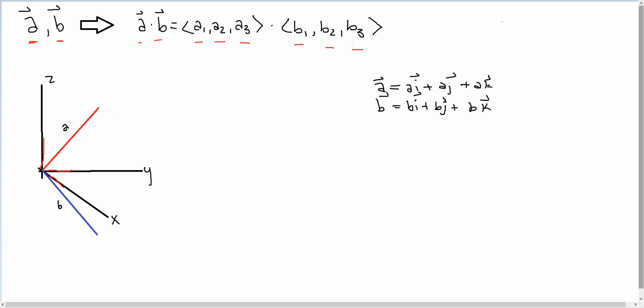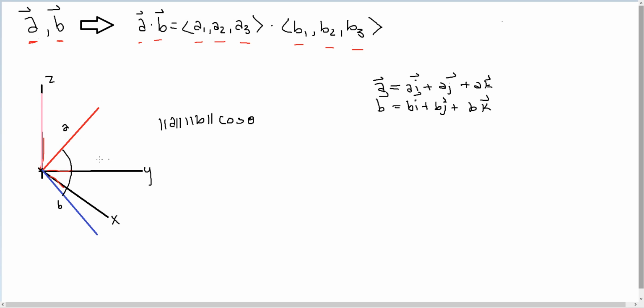Now, when we find the dot product or the scalar product of our two vectors, we get something that looks like this. This is our scalar product. The reason why that is true is because the true definition of a dot product is that the magnitude of A times the magnitude of B times cosine theta, where theta lies in between the two vectors, is equal to our scalar product.